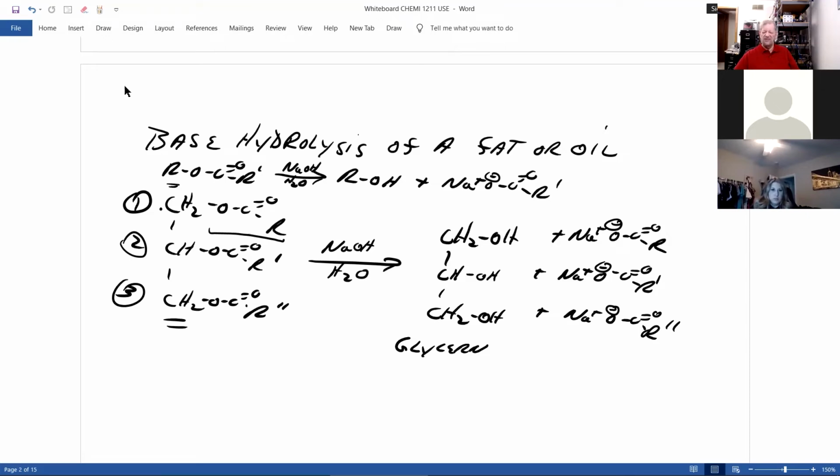And carboxylate anions of fatty acids. And certain carboxylate anions from certain fats of certain fatty acids, we have a special name for.